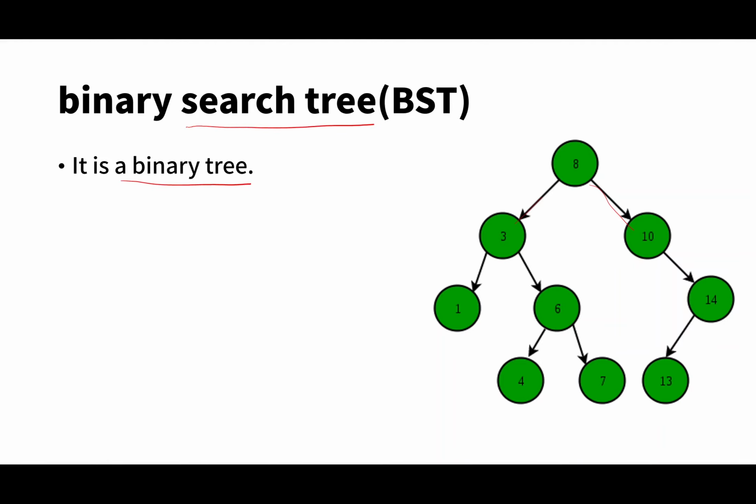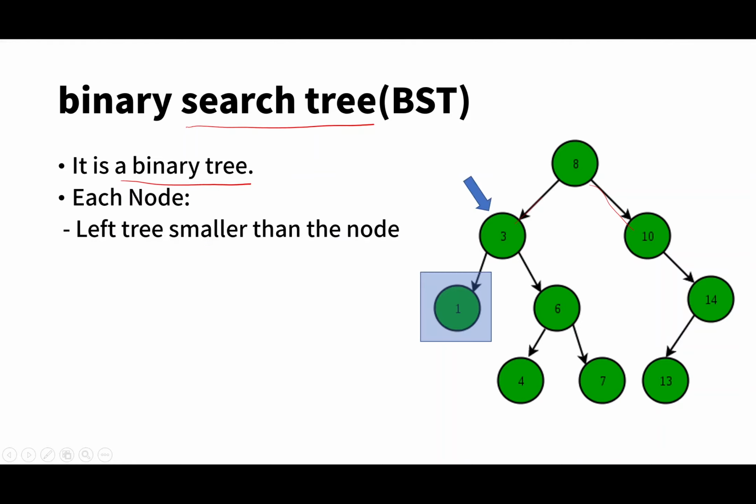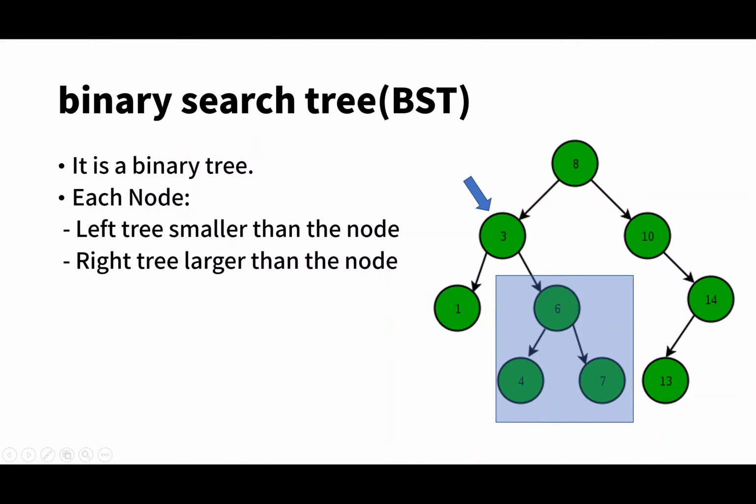Also, it is a binary search tree because for each node, the keys of the left subtree are smaller than the key of this node. For each node, all the nodes in the left subtree have keys smaller than the key of the node. And for the right subtree, all the nodes in the right subtree have keys larger than the key of the node.